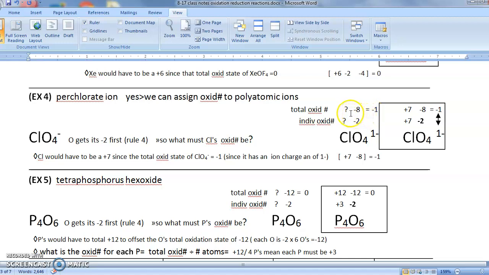If you said +7, you would be correct. The chlorine has to be +7 because +7 minus 8 is -1. Overall, it's a 1-. That shows us that our numbers add up correctly. So the oxygens are -2, the chlorine is +7.